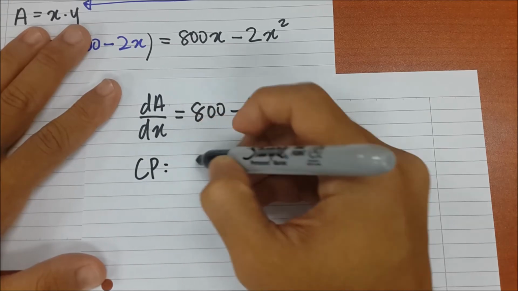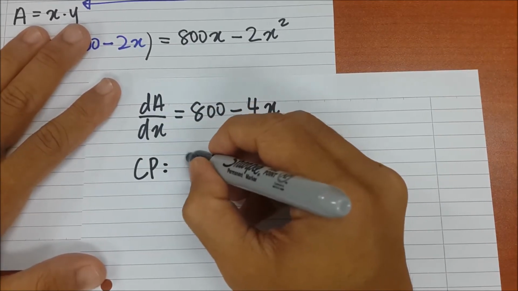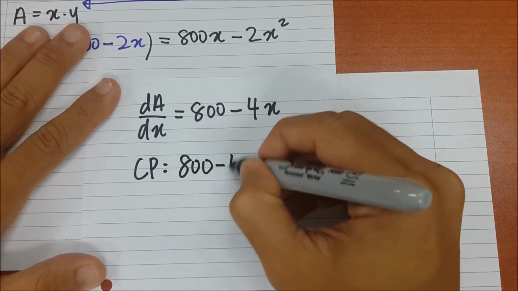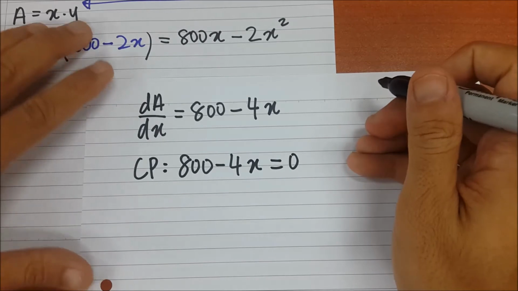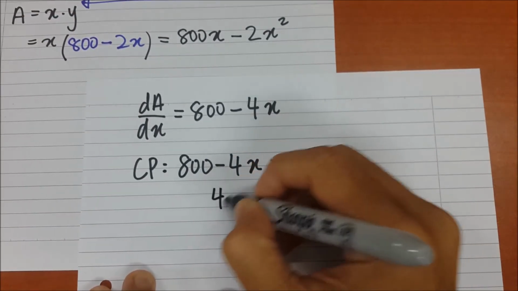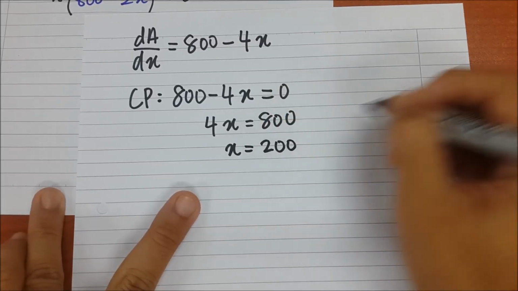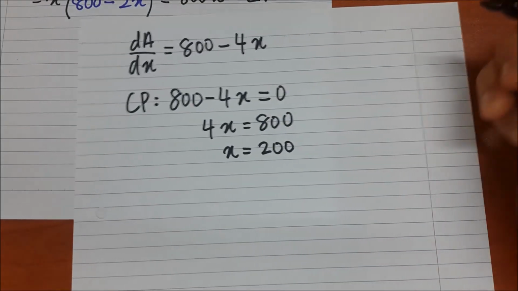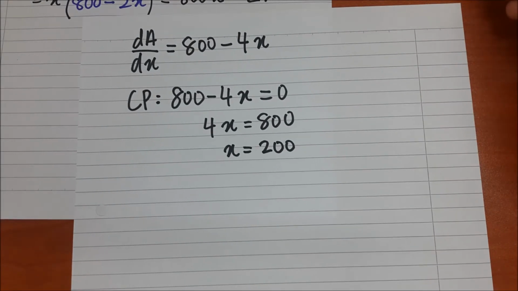So the critical point is achieved when the derivative equals 0. So the derivative is 800 minus 4X, and this equals 0. So you're going to get a critical point when X equals 200. So you're going to get a critical point at X equals 200.